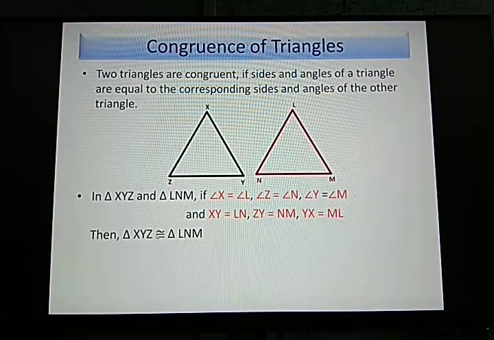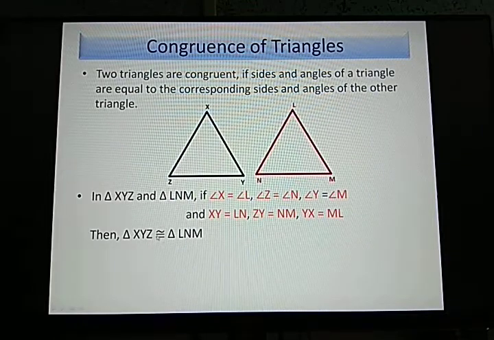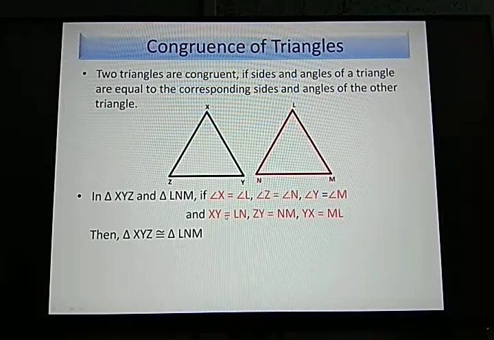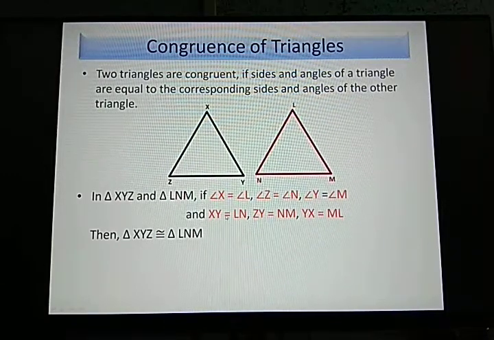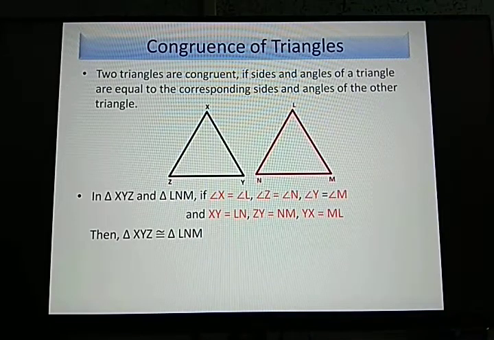As you can see, this symbol is called the congruency symbol. It is just like an equal to sign, and above it there is a curve. So both the triangles are congruent because the lengths of their sides are equal, as well as their corresponding angles are also equal.